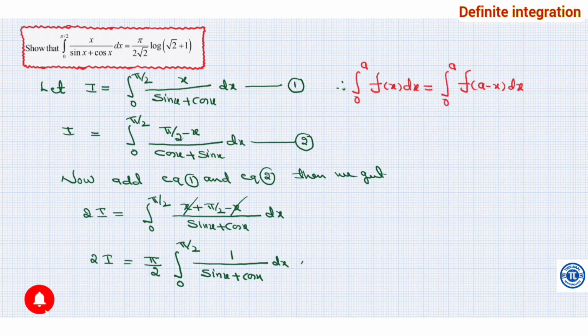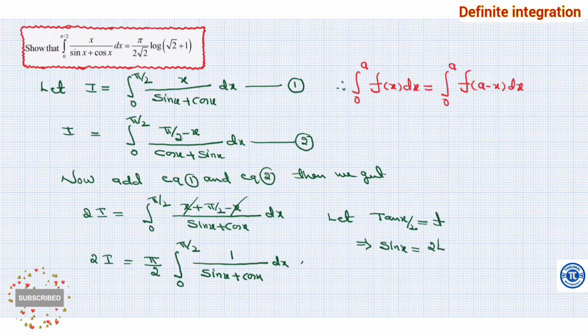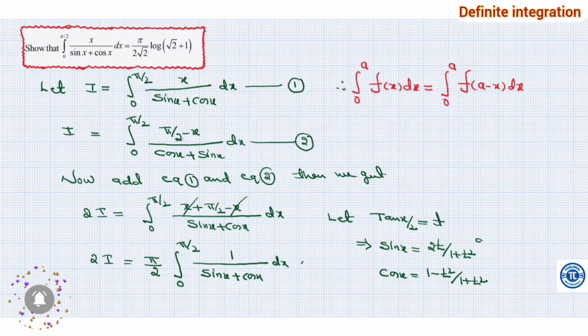Now here let tan x by 2 be equal to t. We know that sin x is equal to 2t by (1 plus t square), cos x is equal to (1 minus t square) by (1 plus t square), and dx equals 2 dt by (1 plus t square). Substitute these values in the integral, along with the limits.